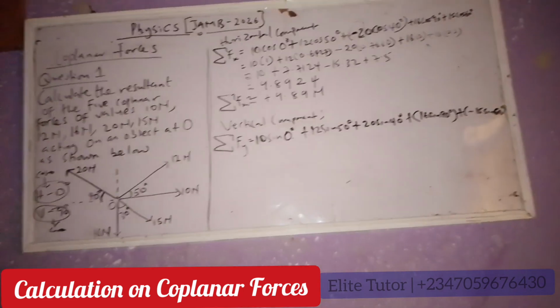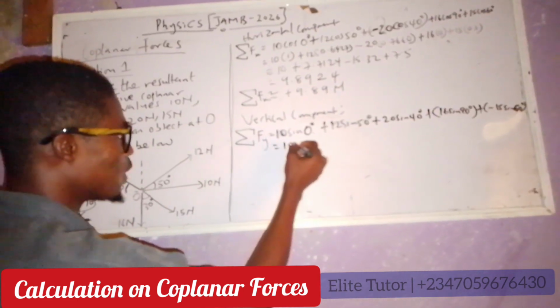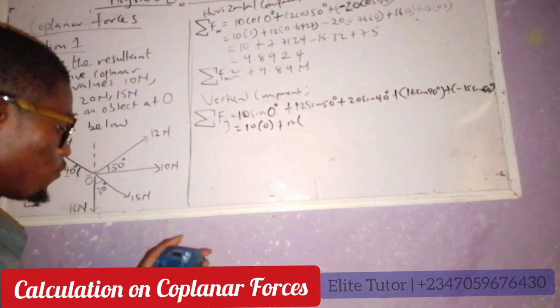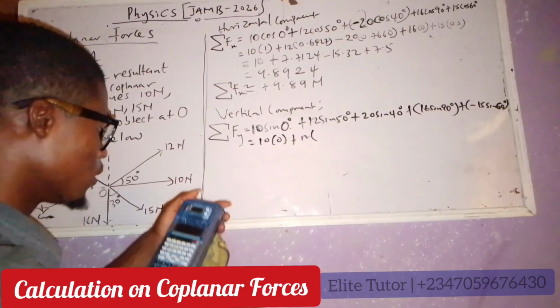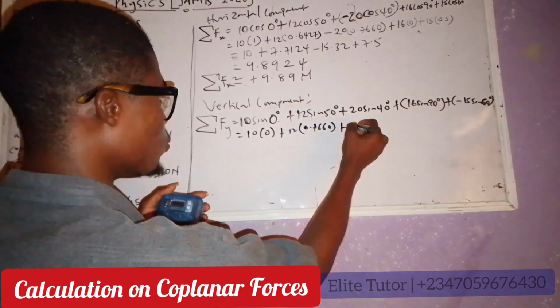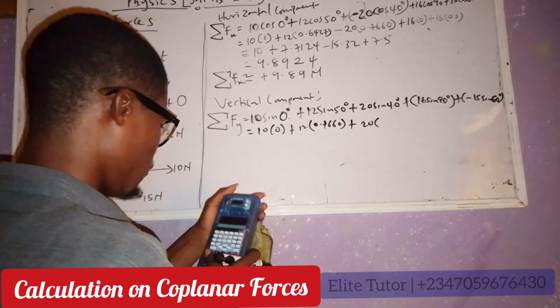So now we have sine 0 is 0, plus 12 into sine 50. Sine 50 is 0.7660, plus 20 into sine 40.